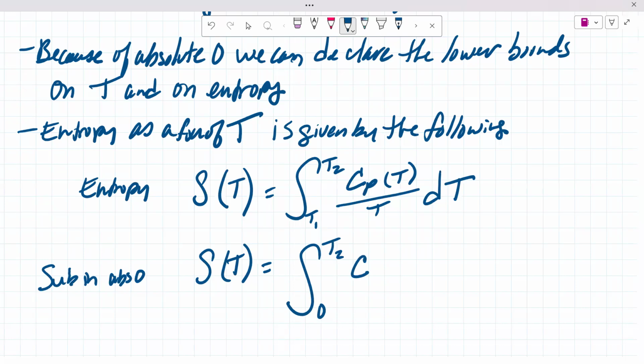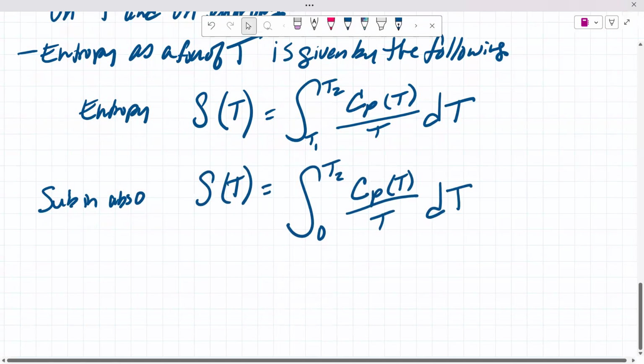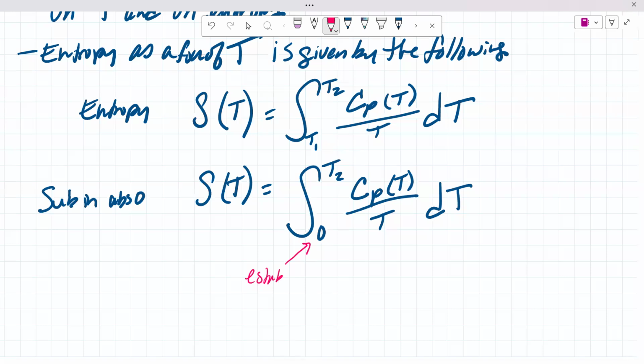The integral of the heat capacity as a function of T over T dT, so in other words, we can establish where the beginning of this is. It's absolute zero.